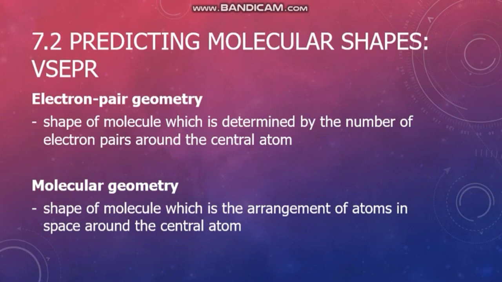While molecular geometry is the shape of the molecule, which is the arrangement of atoms in space around the central atom. This means that in the molecular geometry we only take into account the bonding electron pairs. This is because the lone electron pairs are just electrons which move around very quickly, thus we cannot see them when we look into a molecule.